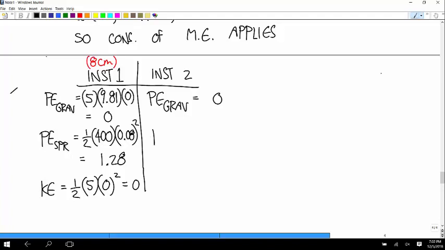Okay, and then the potential energy for the spring. That's 1/2 times 400. And then what's the distance at instant 2? What's the distance that the spring is from its resting length?